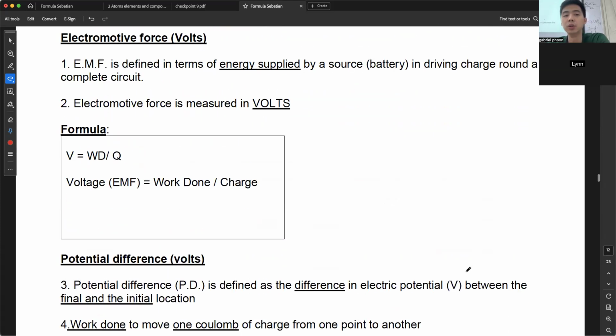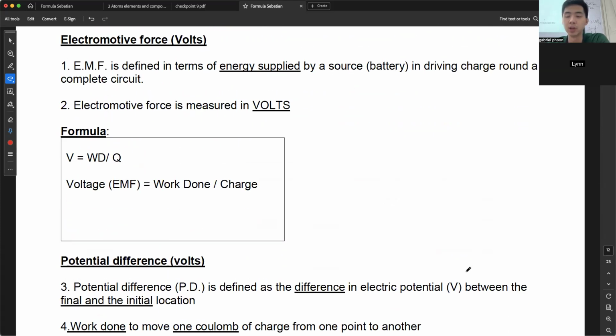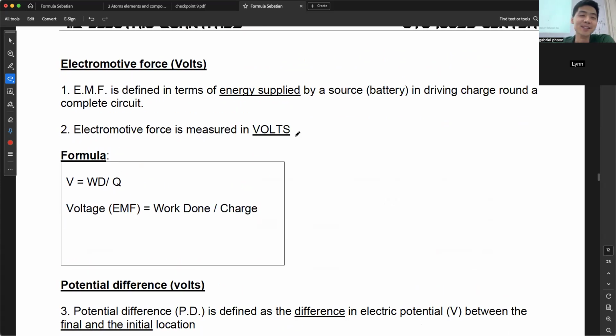Next, we talk about electromotive force and potential difference. Guys, listen up. Voltage, electromotive force, and also potential difference, they are all measured in volts, guys. Okay? They are almost the same thing, but they are different. Just like how we don't go into the girls' toilet, even though we're the same thing, but different. Okay, anyways, listen up. For electromotive force, guys, it is usually the power source of the circuit.